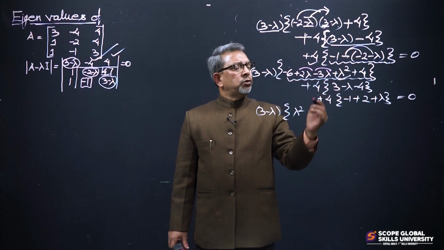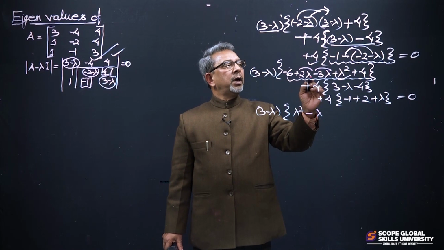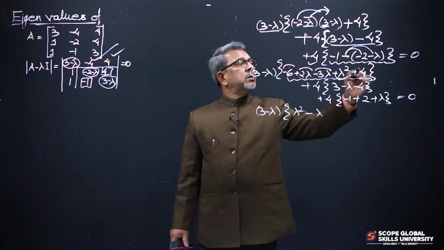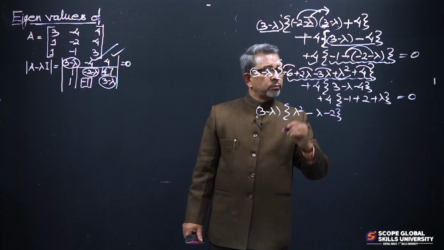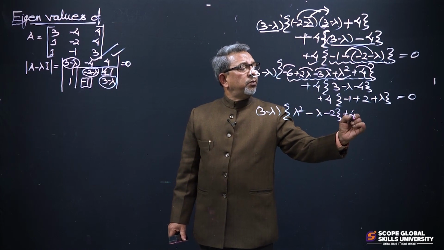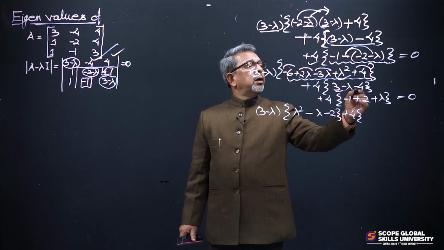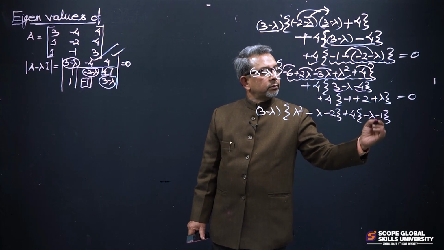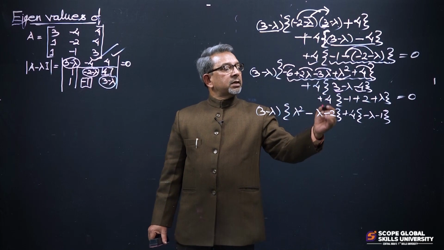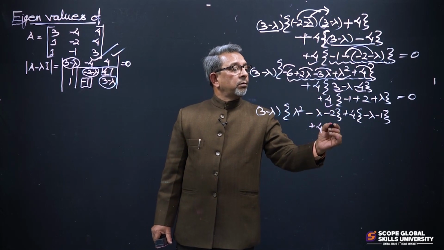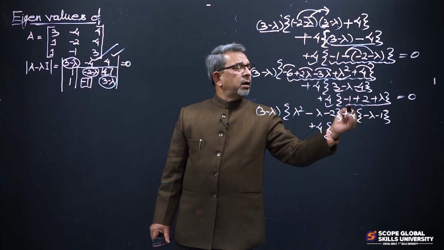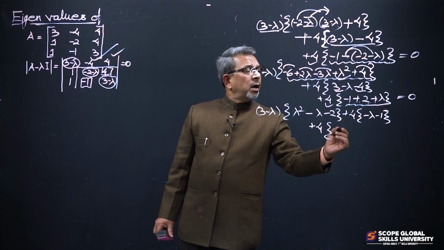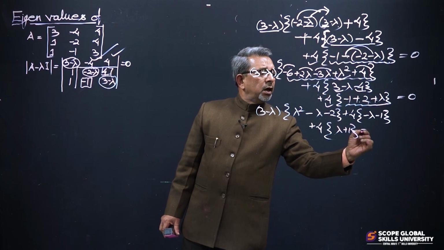Plus 2 minus 2 is minus lambda, plus 2 lambda minus 3 lambda is minus lambda, and minus 6 plus 4 is minus 2, plus 4, 3 minus 4 is minus 1, that is why we get minus lambda minus 1, and plus 4, and here minus 1 plus 2 plus lambda becomes lambda plus 1, is equal to 0.